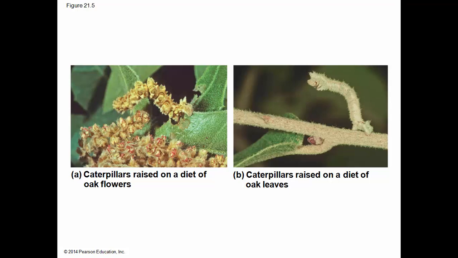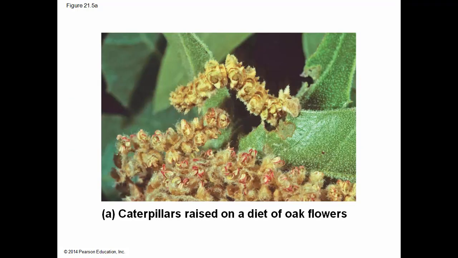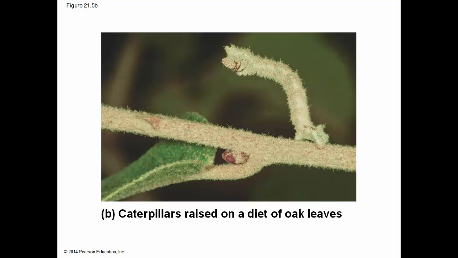So the environment can affect the genetic package that each species contains. Here again is the caterpillar raised on the oak flowers and the caterpillar raised on oak leaves. So the environment affects the potential of the genetic package of the individual species.